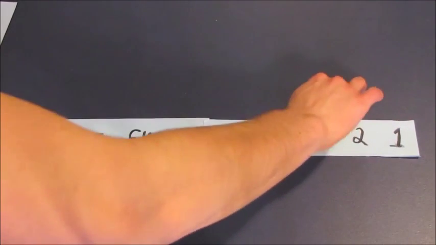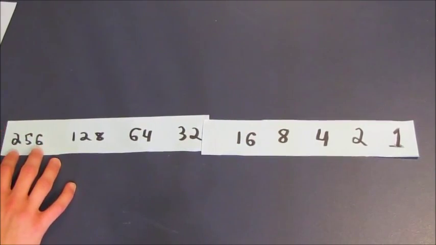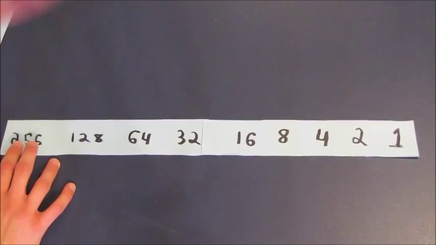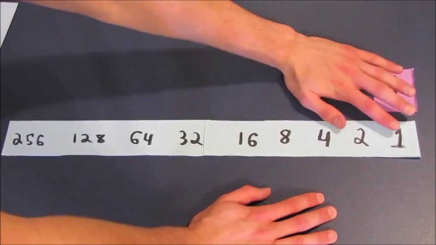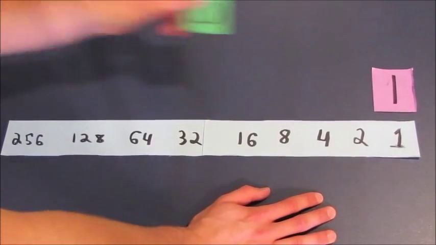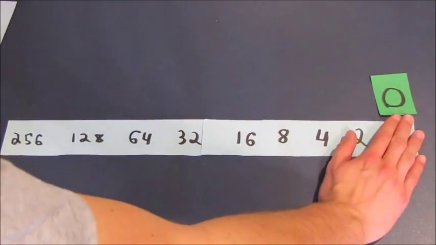So here is what each spot represents. And we can keep multiplying this by 2 for as long as we wish, but this is as far as we are going to go. So if we have a 1 or a 0 here, it can only be a 1. So this means that's 0 because that's off. So we don't count 1.